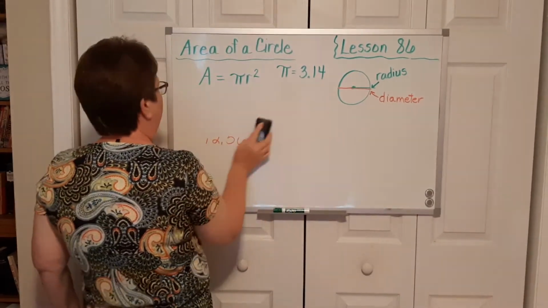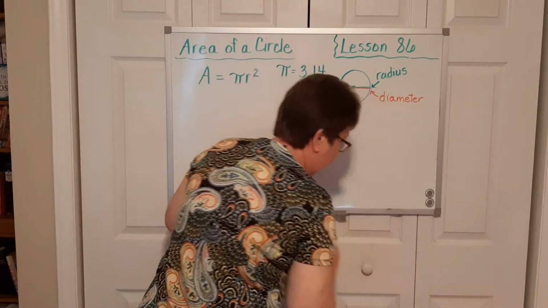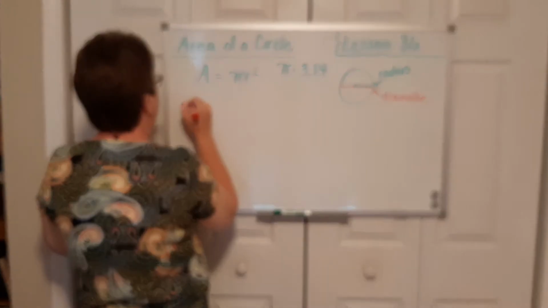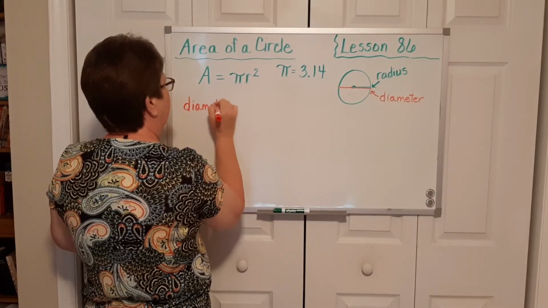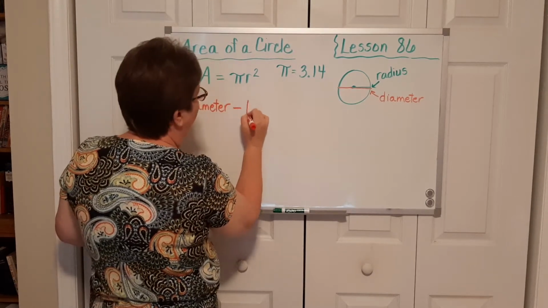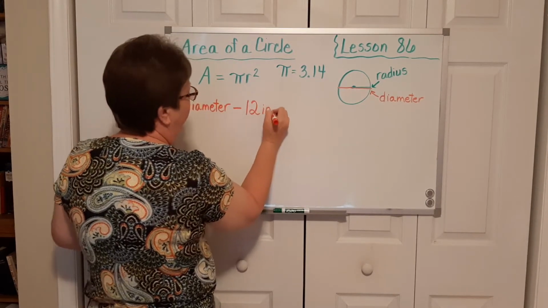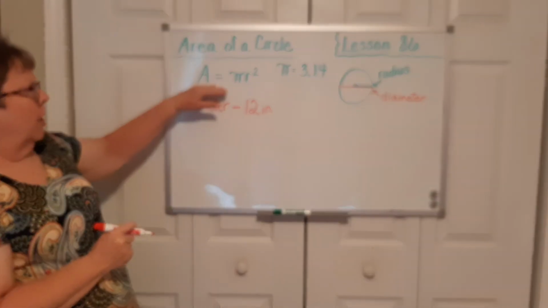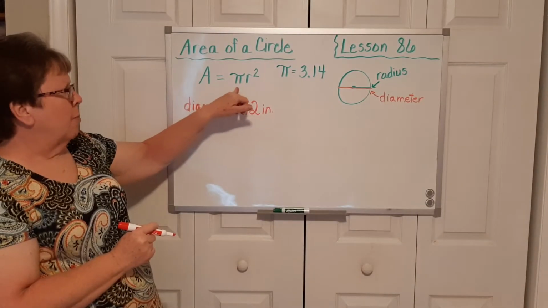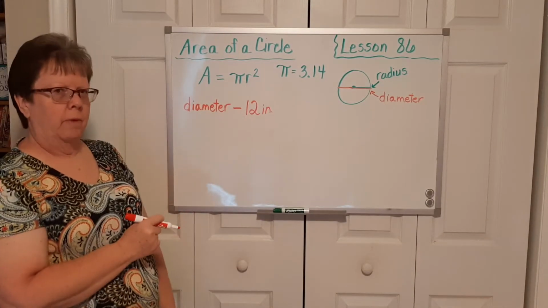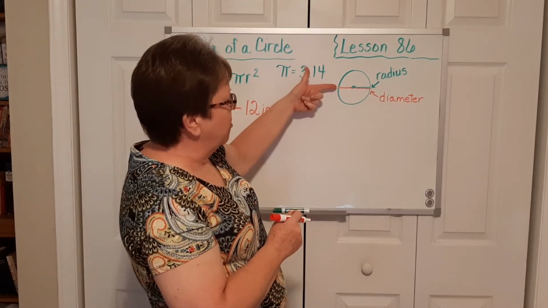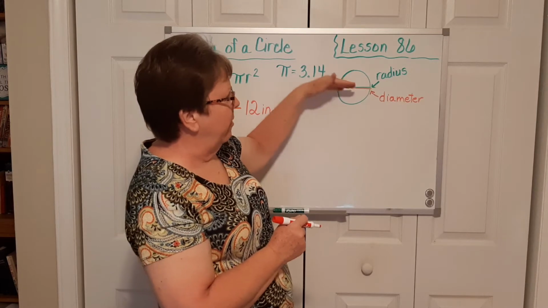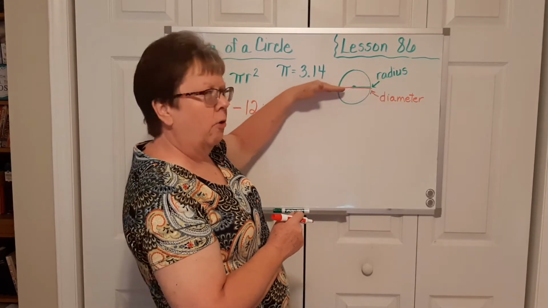Now I'm going to give you one with diameter. Suppose we know that the diameter of a circle is 12 inches. Now, that's diameter, but look at our formula: area equals pi times radius squared. The diameter is the distance from one side of the circle to the other, all the way across.